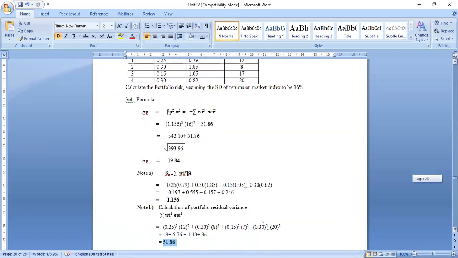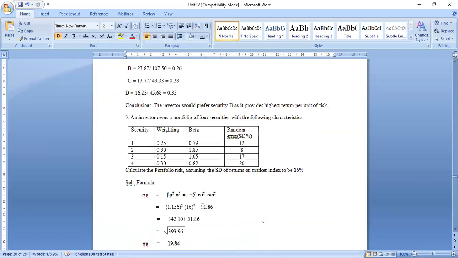So we need to substitute that in the main formula here, that is 51.86. So 1.156 square into 16 square will give us 342.10 plus 51.86. So the addition of these two values will be 393.96, which is variance.